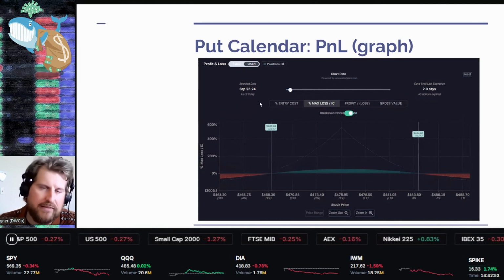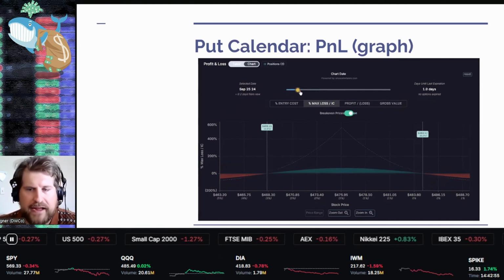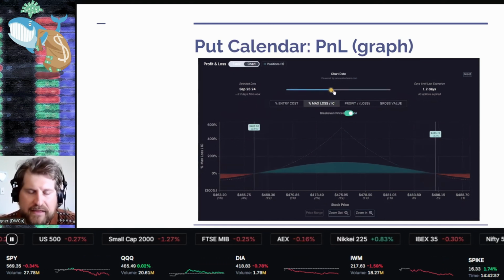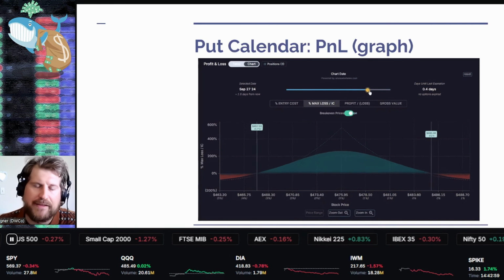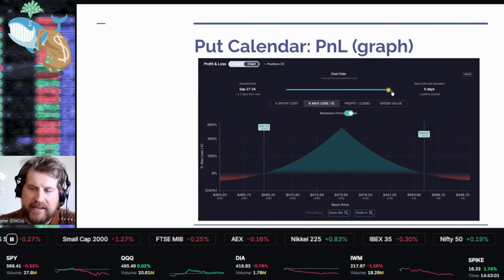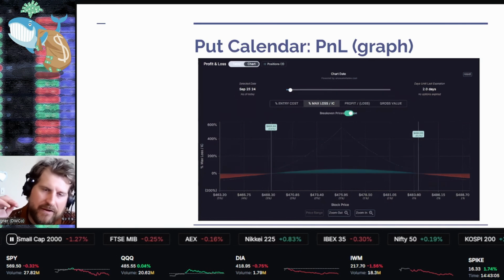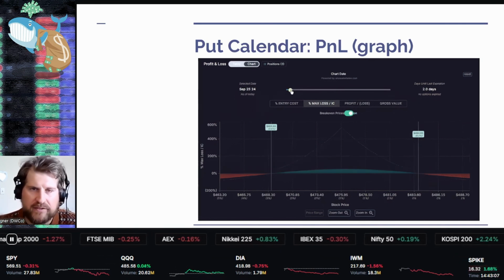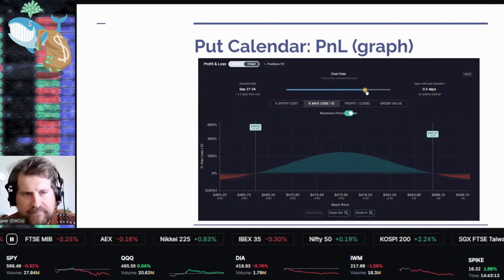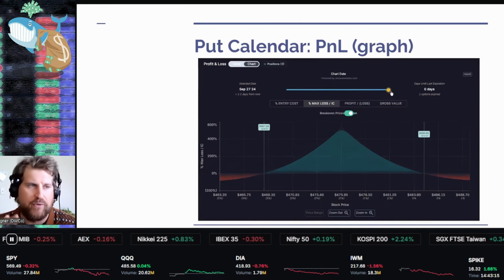And of course, like a butterfly, the maximum profit point on this trade is if the underlying price is dead on the strike price that you selected at expiration. That's when you achieve this maximum point.